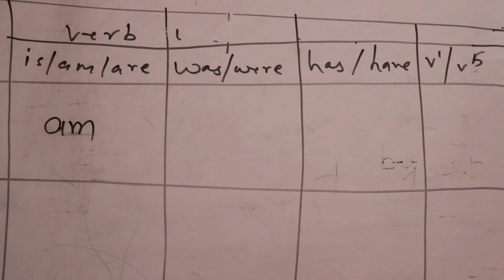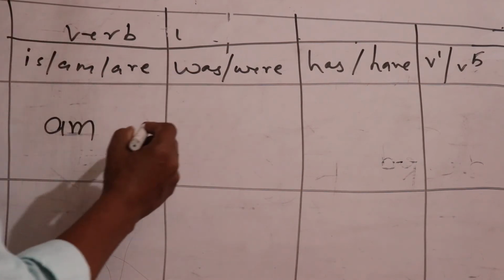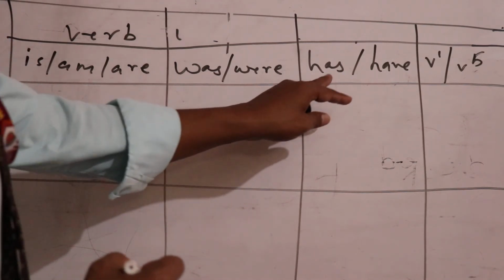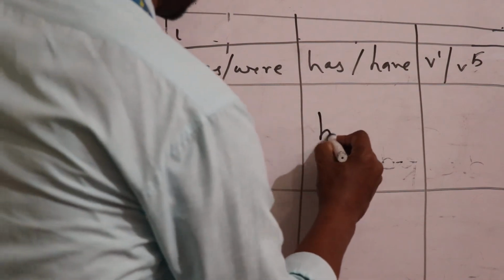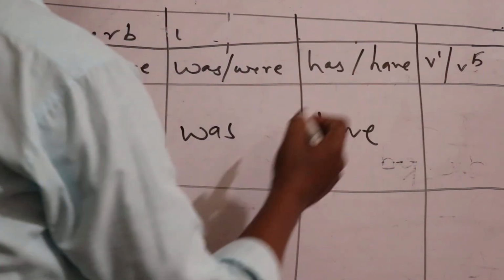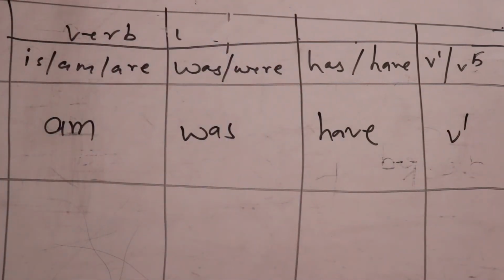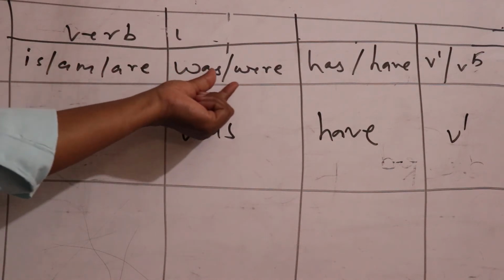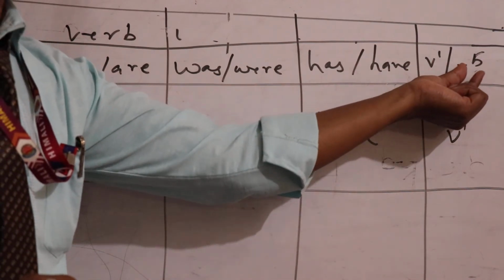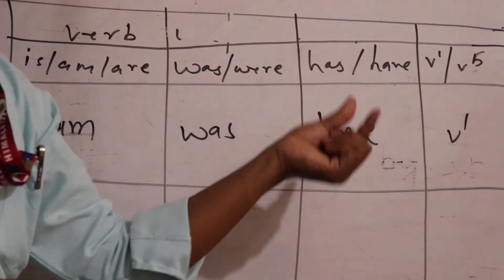From was and were, was. In the same way, from has and have, we use have, and from verb 1 and verb 5, we use verb 1. So with I as the subject: am, was, have, and verb 1 is used.